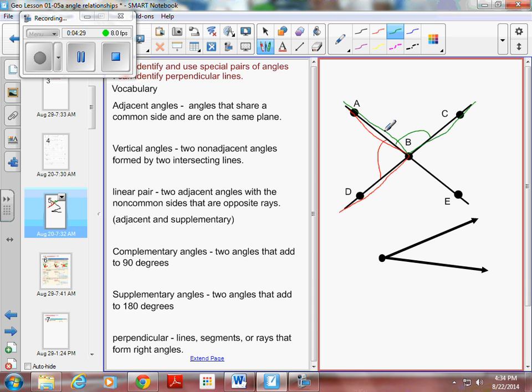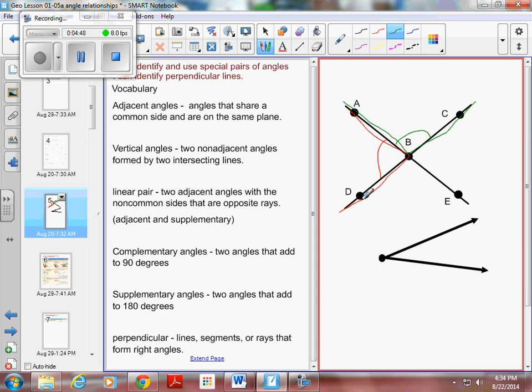Those two angles are a linear pair. They form this line CD. There's no extra space, they're not missing a space. They have a common side. This BA ray is their common side. So that's a linear pair.